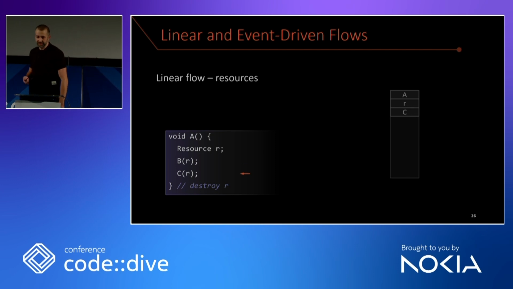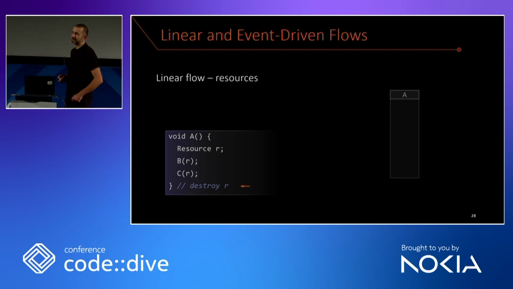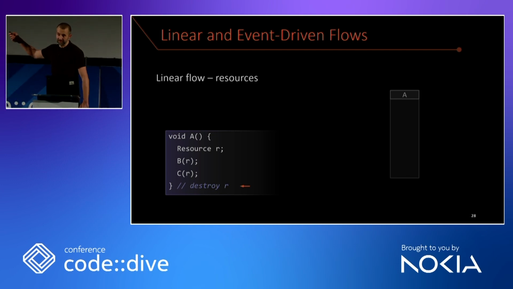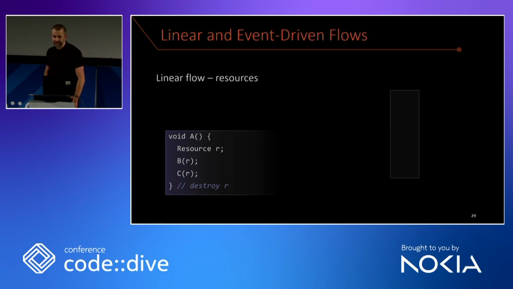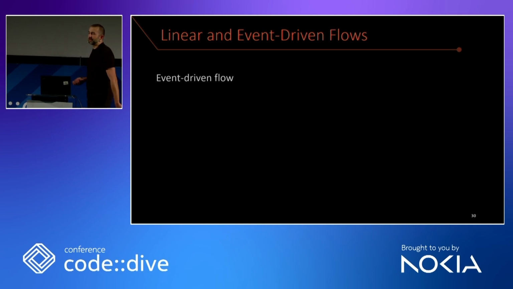All those functions can use it. And when the last function that is using the resource has finished, we know we can clean up the resource. This way we guarantee that every function that sees it lexically in the code has also access to it because it's still alive, and we also guarantee that it's destroyed as soon as no other function needs it. And then we're done. And all of this does not apply anymore when we are at the event-driven flow.